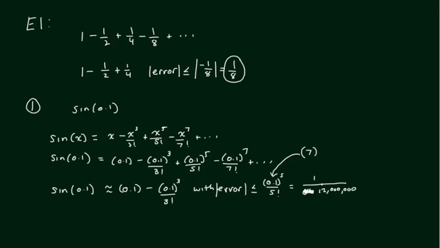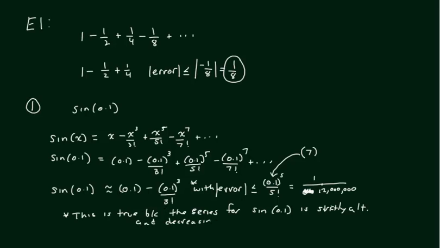Anyway, we make the statement that the error is less than or equal to the first omitted term because this is true: the series for the sine of 0.1 is strictly alternating and decreasing in absolute value to 0.